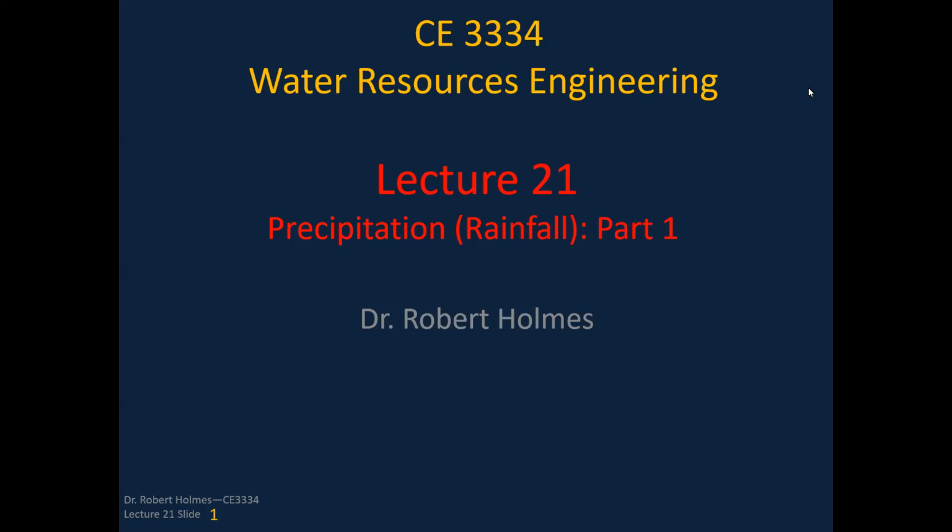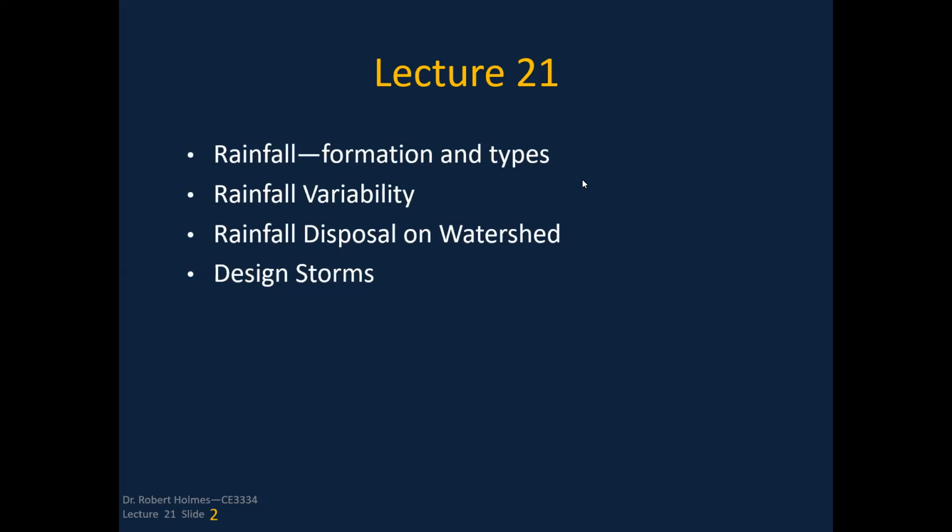Okay, this is lecture 21, and we're going to start to talk in detail about precipitation. When we talk about precipitation, we're going to talk about a few things: rainfall formation and types. And then, of course, we have variability in that rainfall, how it falls in time and how it falls in space.